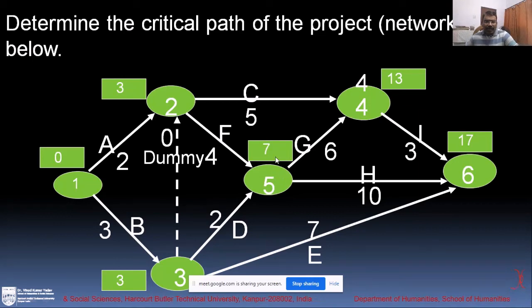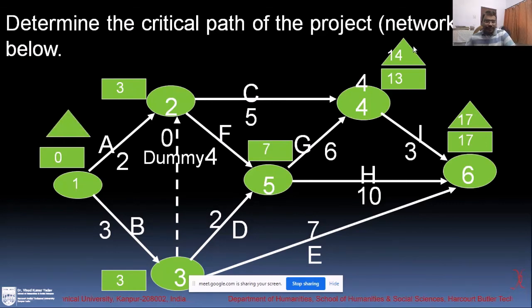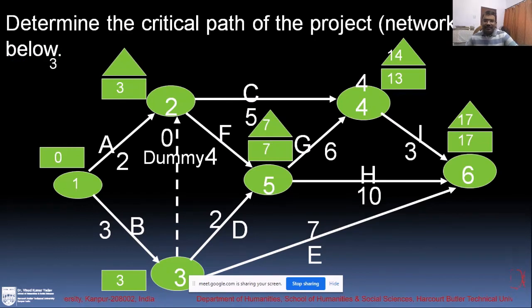But look at here: 7 plus 10, 17. So we take this highest, 17 here. Now for calculating the reverse, we take this 17. Now when we subtract, it will come to 14. Minus 10, 7. Then 3. This will be 3.